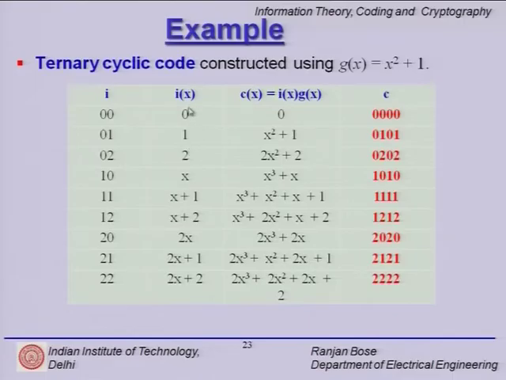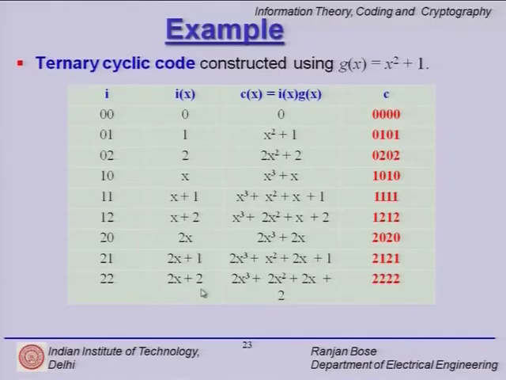So, I is equal to 0, 1, 2, all right, because it is ternary, x, x plus 1, x plus 2, 2x, 2x plus 1, 2x plus 2. These are all possible polynomials of degree k minus 1 or less. What is k? K is 2, k minus 1 is 1. So, degree 1 or less. So, this is all I can do.